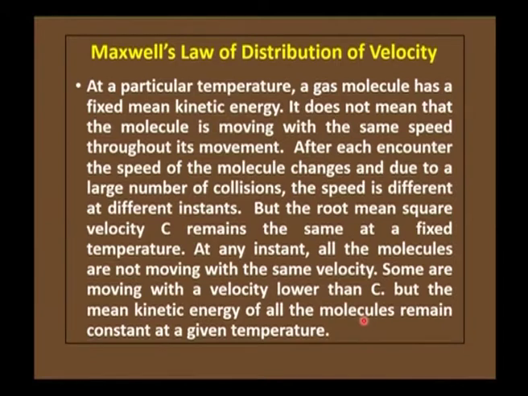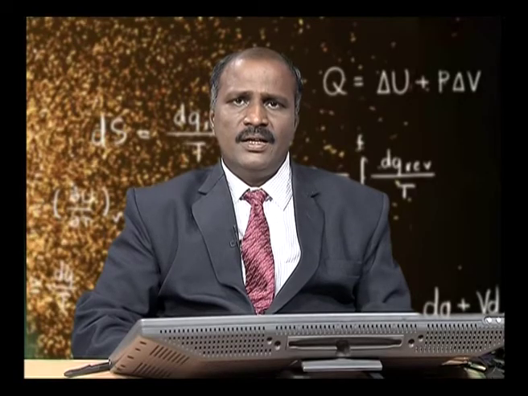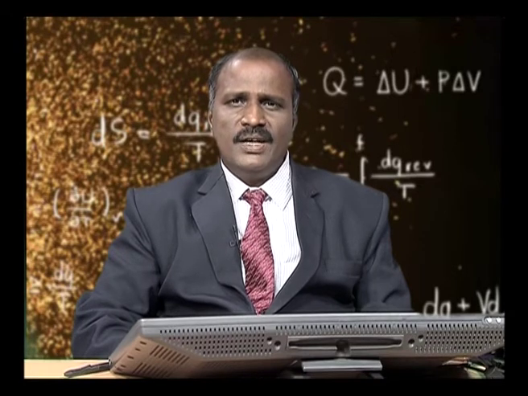At any instant, all the molecules are not moving with the same velocity. Some are moving with lower velocity and some with higher velocity, but the important point to remember here is that the mean kinetic energy of the molecules remains constant at a given temperature.